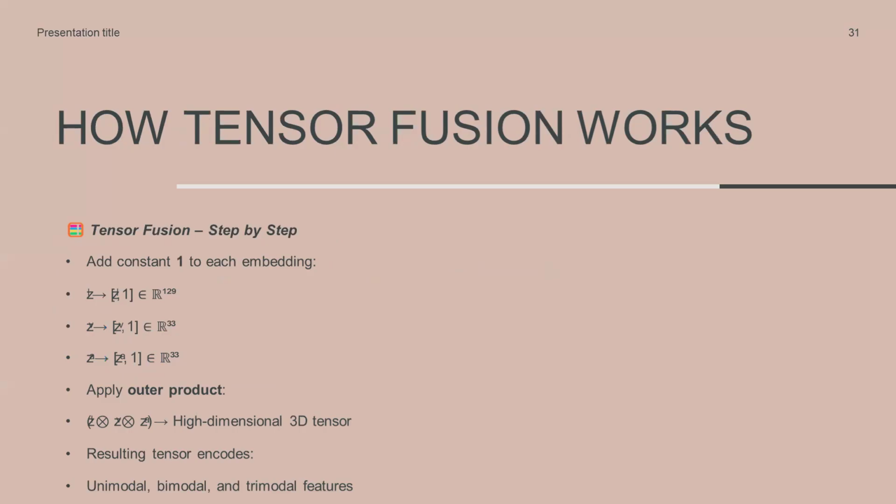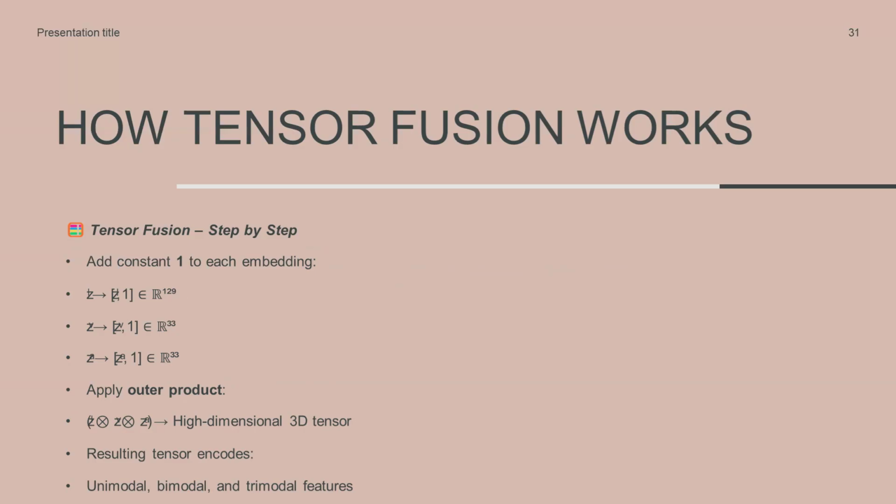First, we take each modality embedding, language z_l, visual z_v, and acoustic z_a, and append a constant one to each vector, which makes z_l a vector in R129, z_v a vector in R33, and z_a again a vector in R33.